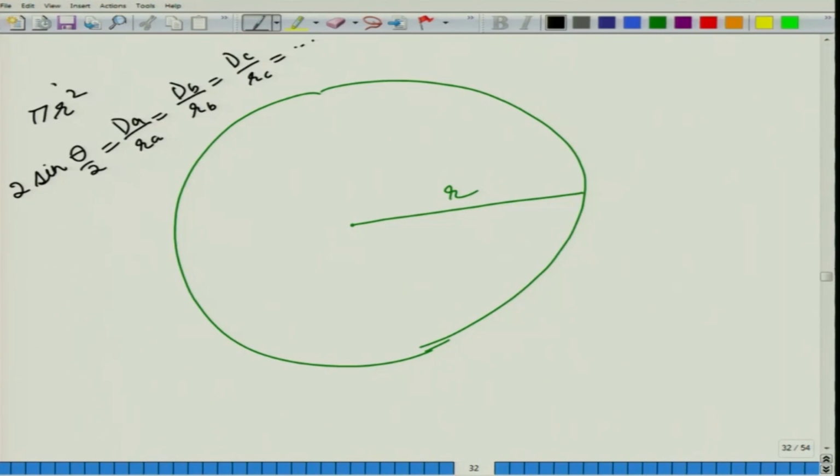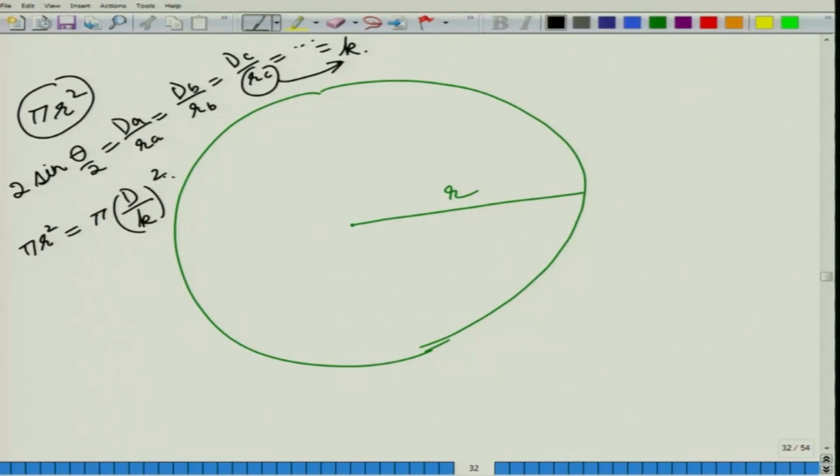Now, in the area of pi r square, let us call this ratio to be k. So, if we consider the area of the sample plot to be pi r square, it will be given by pi times, if you move r above, d by k whole square.